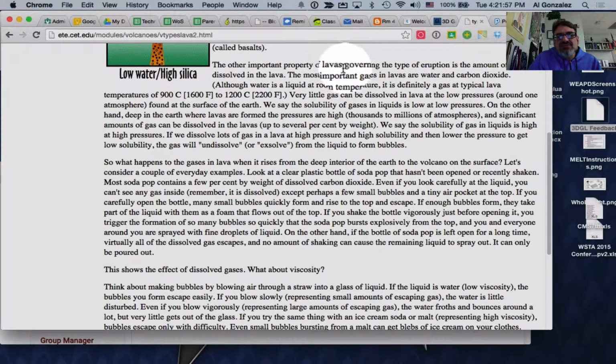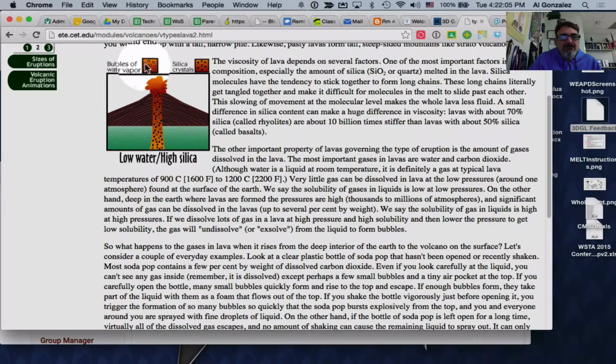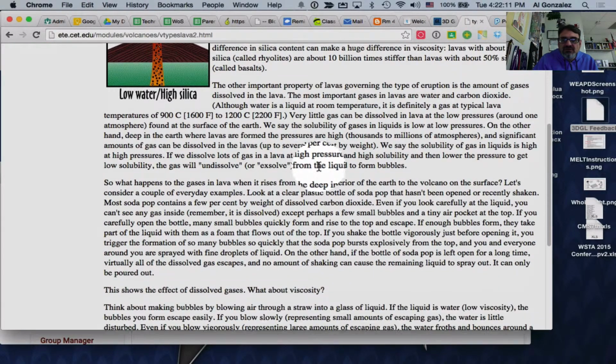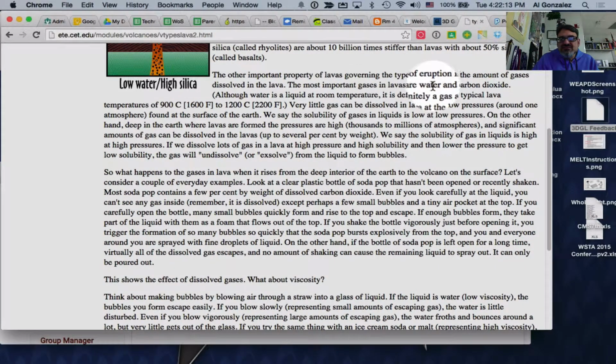The other important property of lavas governing the type of eruption is the amount of gases dissolved in the lava. And that here is shown by bubbles of water vapor, because the water vapor will expand when hot. The most important gases in lavas are water and carbon dioxide.